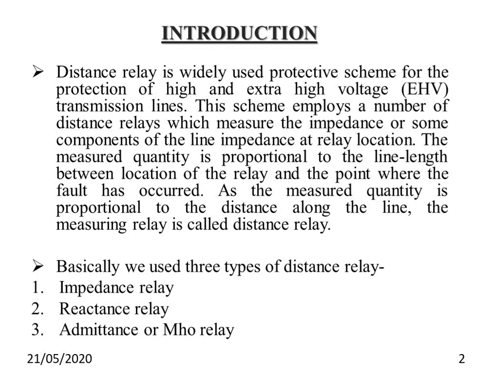Why the measured quantity is proportional to the distance, I will explain when I explain the impedance relay. Basically we are using three types of distance relay. What are those? That is impedance relay, reactance relay, and admittance or mho relay.